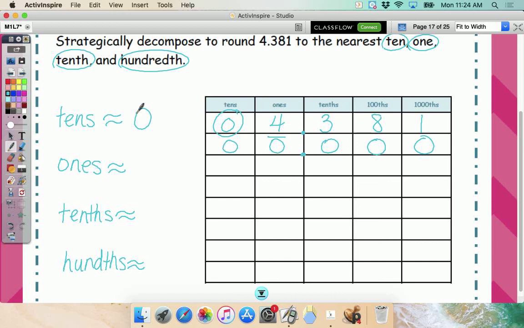It's obvious. Okay, I'm going to change the color of my pen, and we're going to write 4.381 again. This time, I'm circling the digit in what place value? Ones.